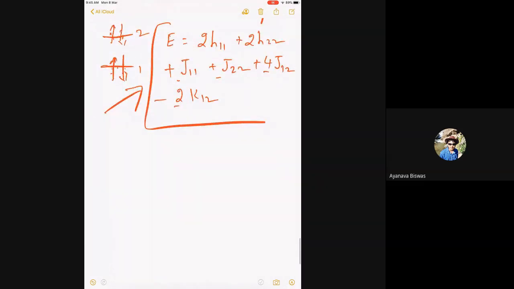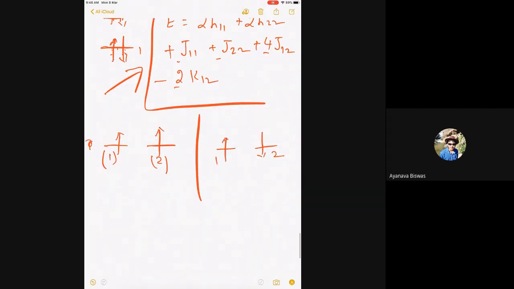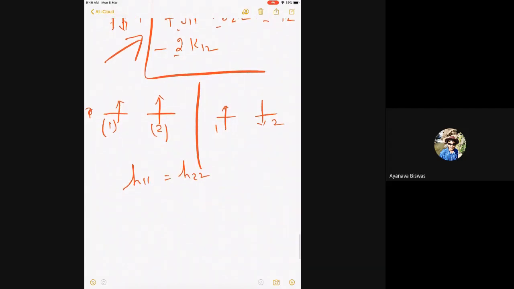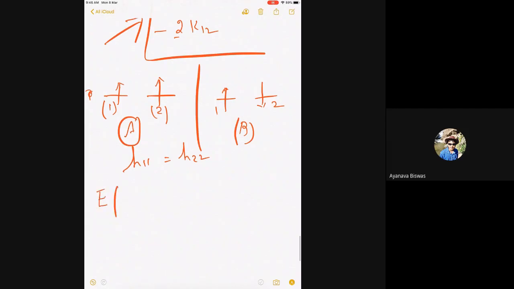So for example, if I have 2 degenerate systems, 1 and 2, I hope this is also done, 1 and 2 orbitals, and I have 2 configurations, this, another configuration, this. Now it is degenerate, so basically H11 is same as H22. Then if I write down for the system A and system B the energy, what would be the system A energy?